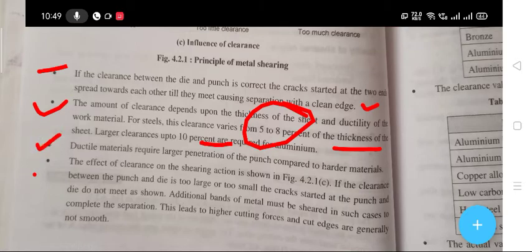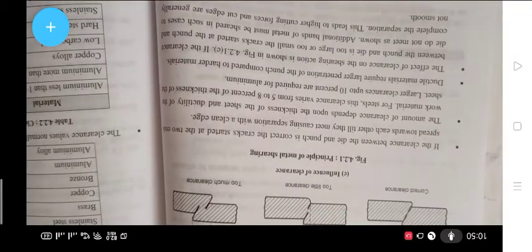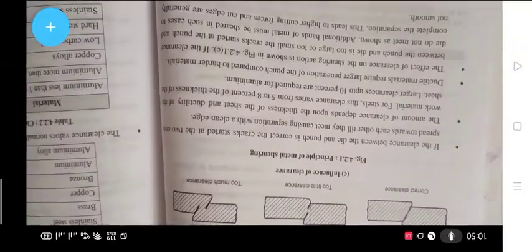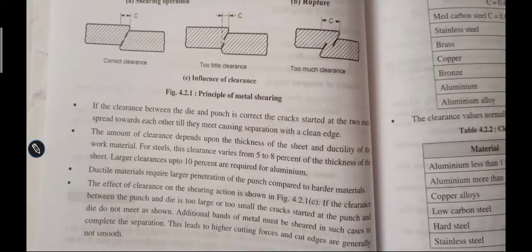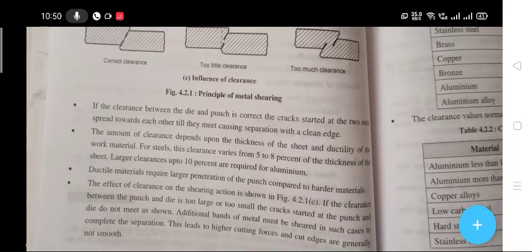Ductile materials require large penetration of the punch compared to the harder materials.